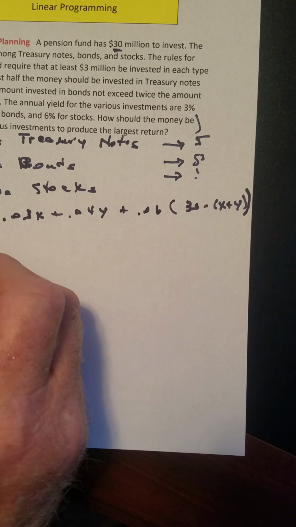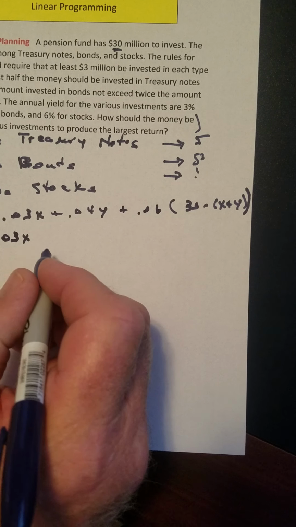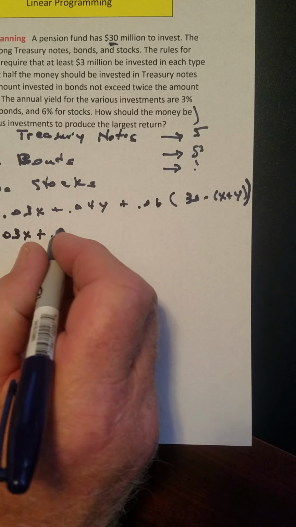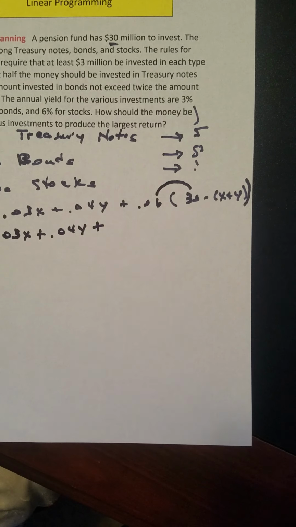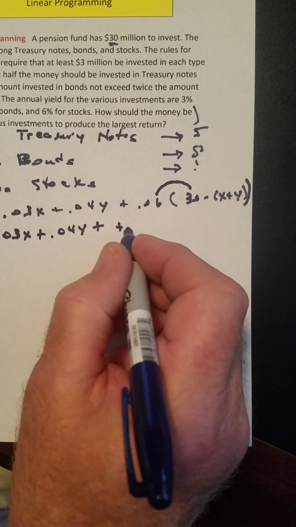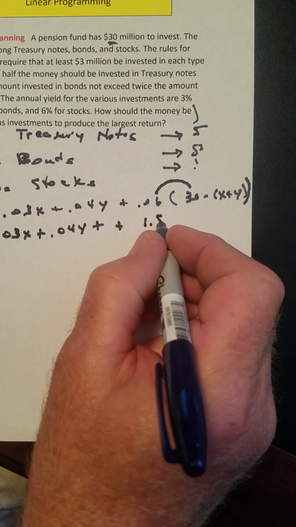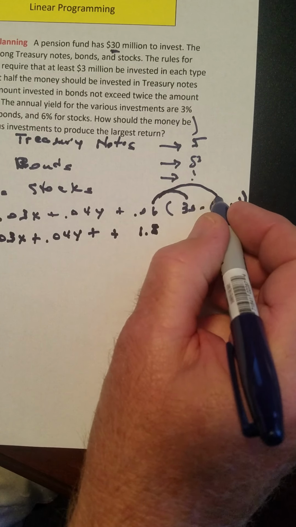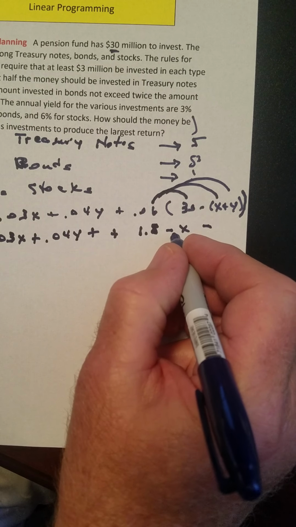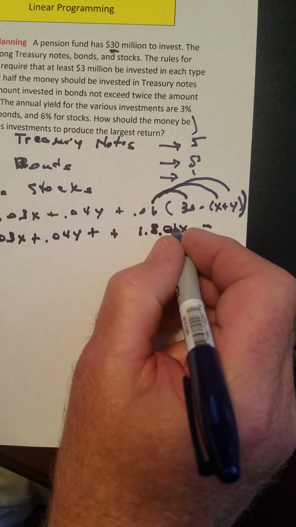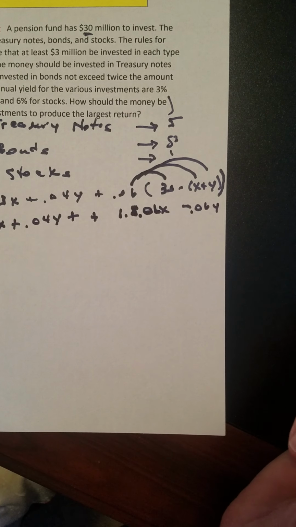If I simplified that, that would be 0.03x plus 0.04y plus, got to distribute, so that's going to be 0.06 times 30, which is 1.8, minus 0.06x minus 0.06y.